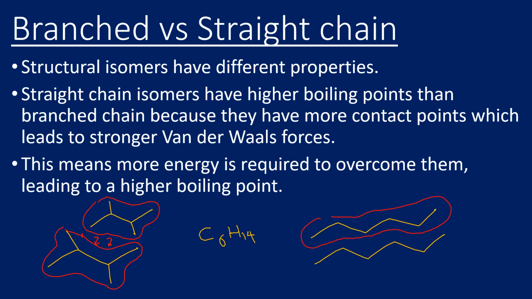So if we compare straight chain versus branched chain with the same molecular formula, we can see that the straight chain will have more contact points, more van der Waals forces, which means more energy being required to overcome them, which means straight chain isomers have higher boiling points than branched chain isomers.